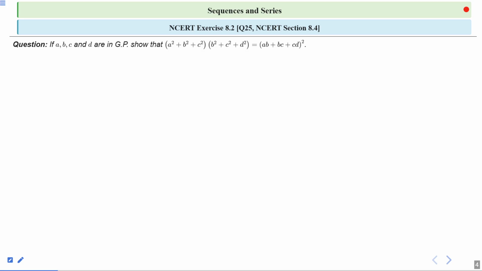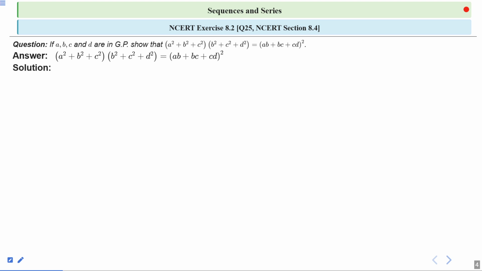And then we have to show that (A square plus B square plus C square) multiplied with (B square plus C square plus D square) is equal to (AB plus BC plus CD) whole square. So we have to show that. Let us see the solution.